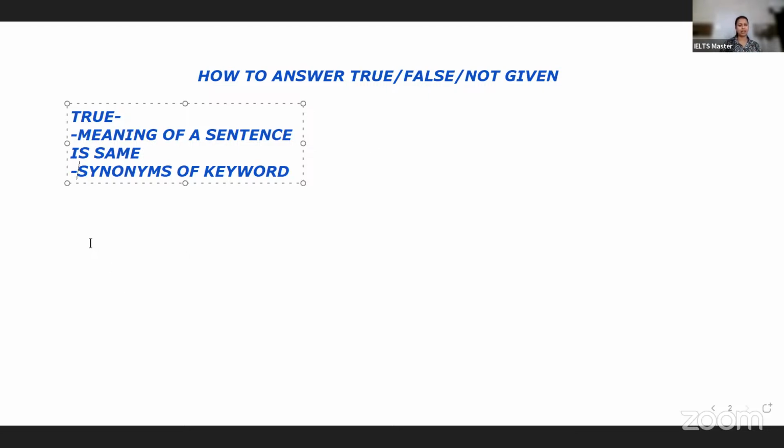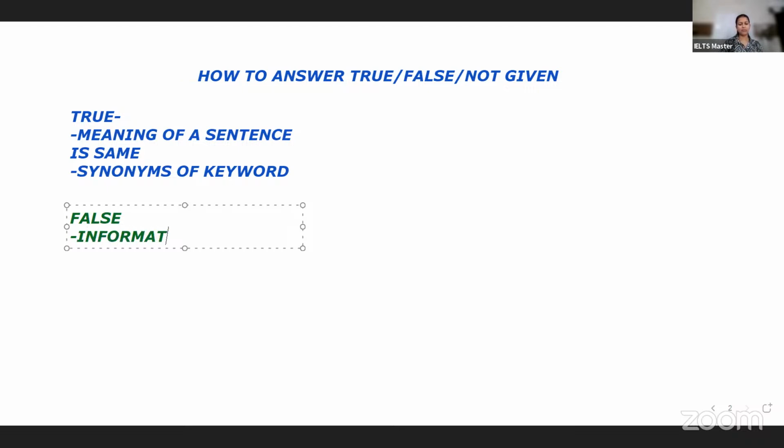If I say false as the answer, what does it mean? It means the information is contradictory. Sometimes in a false statement, you are given half information.